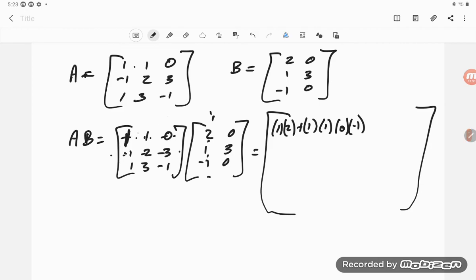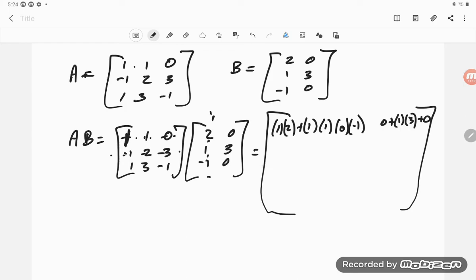And then I do that first row and the second column. Now that one I'll shorten up a little bit because I've got some zeros, so I'll get a 0 plus 3 times 1, so I'll write the 1 times 3, and then plus 0.